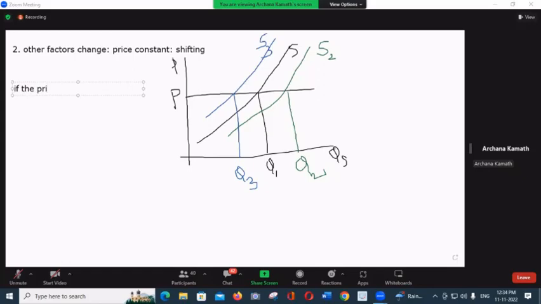Relaxation in tax. The government is helping you by providing lesser tax rates on your commodities, then definitely the supplier will be in a position of supplying more of it. And same way, increased taxes cause a leftward shift of the supply curve.